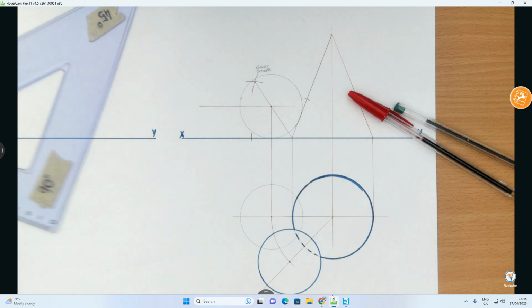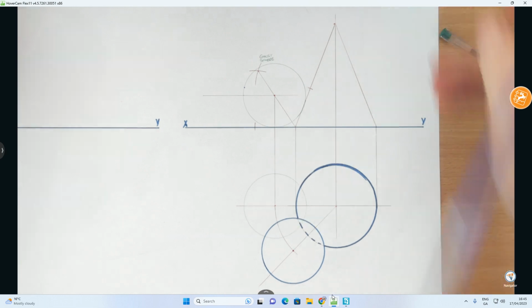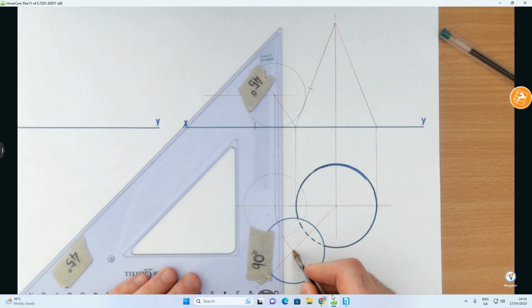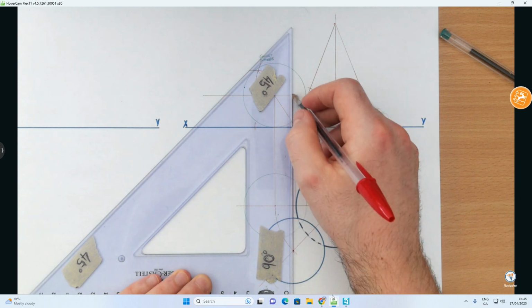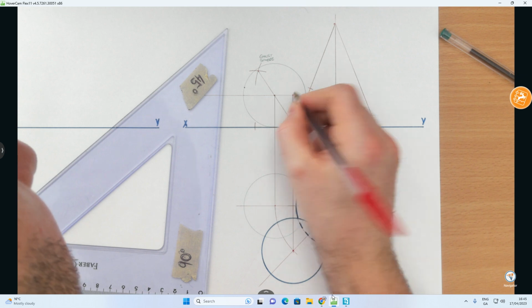I also have to now draw it in my elevation. Let's move that ever so slightly so it's on the screen. Now that I've found the center point of where the sphere is in its correct position, I can redraw it up in elevation. Bring the center point up, and the sphere then just moves from here to here.